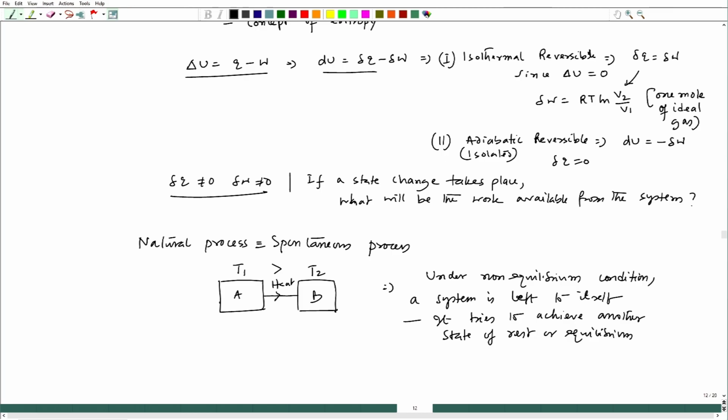Fine. And that happens spontaneously. This spontaneous process is also called an irreversible process. Why irreversible process? We will come to that.